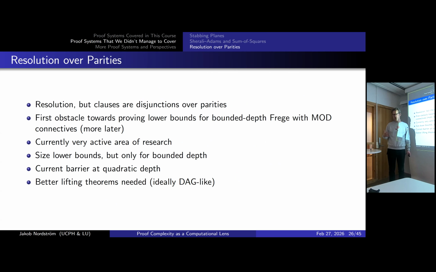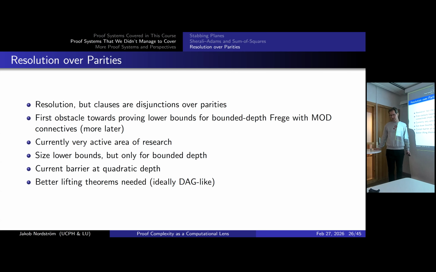The reason why it's so interesting is, as we will see in a minute, it is the first obstacle on the way towards going beyond lower bounds for bounded-depth Frege. So it's right at where proof complexity is stuck, where we really can get no further. It's one of the extremely concrete barriers where we really have the research frontier.